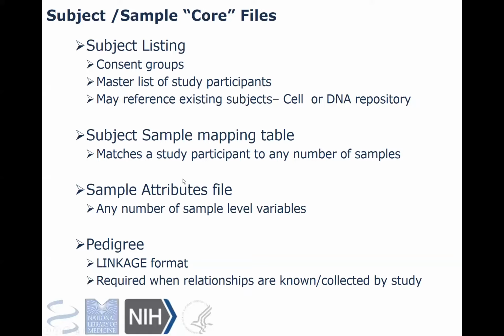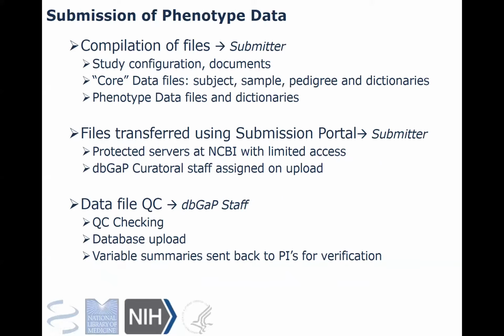So we have this kind of sample level attributes file, and then the pedigree information. This is required when you have study participants that are related within the study, and so the pedigree defines the families and the relationships of the members of those families.